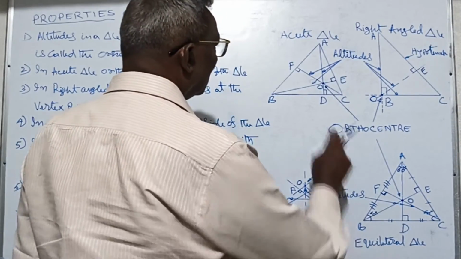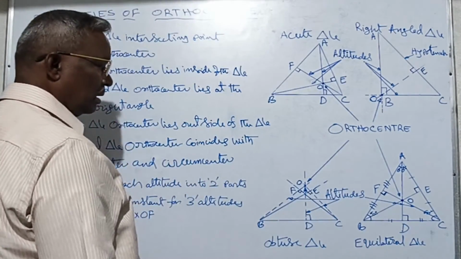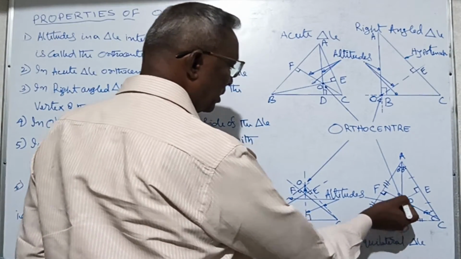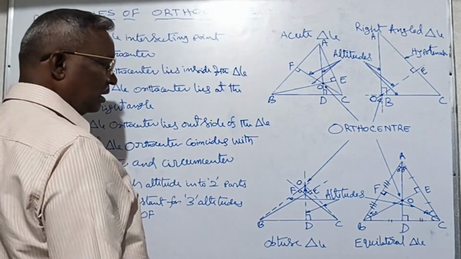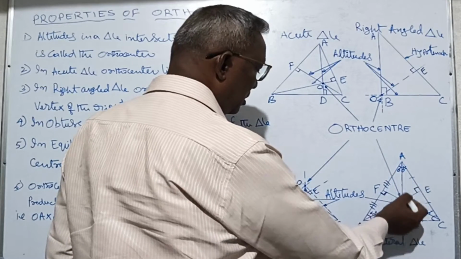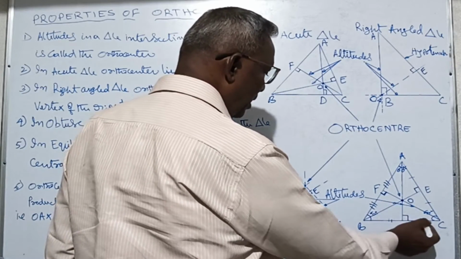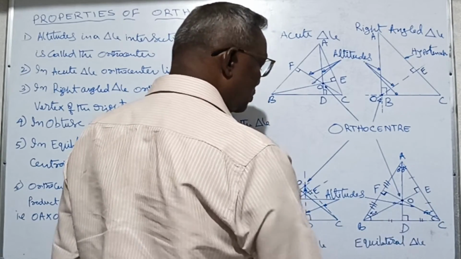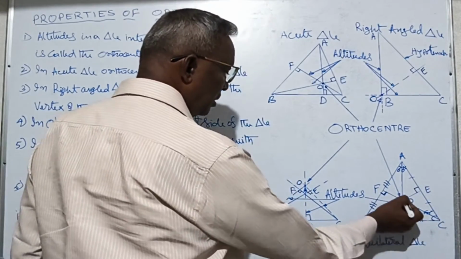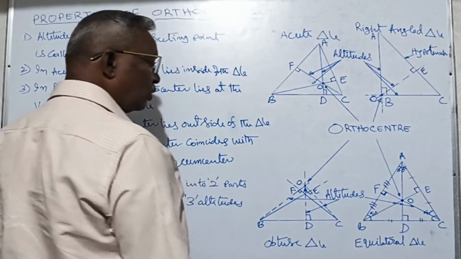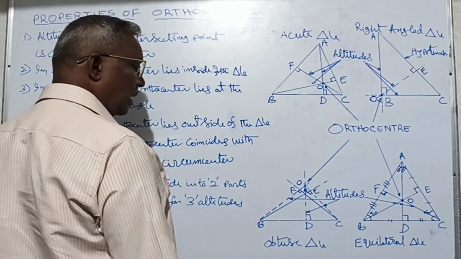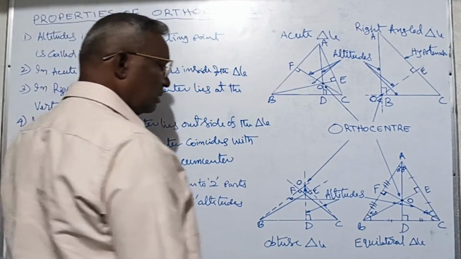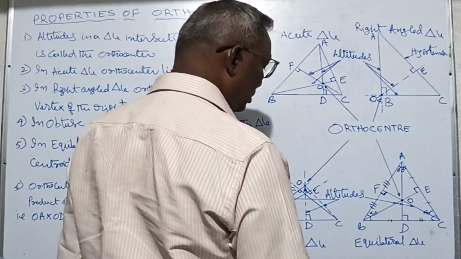Since it is an acute triangle, orthocenter lies inside. That is number 1. Next, these altitudes divide the opposite side into equal parts. So that's why the orthocenter coincides with centroid.